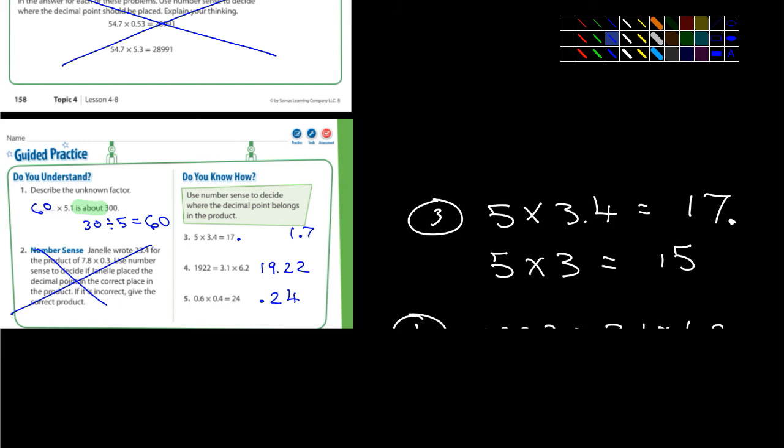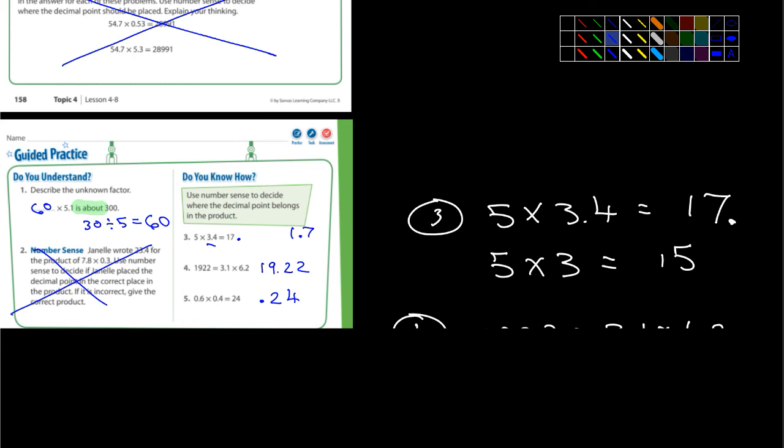Okay? So let me point out something to you that may help you see this. 5, we don't need to change that, right? Do you agree with that? Okay. And the 3.4, I changed it to 3 instead of 3.4 just to make it easier to deal with.